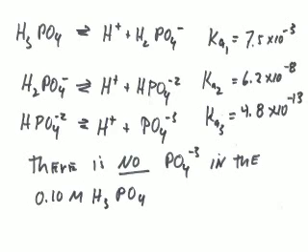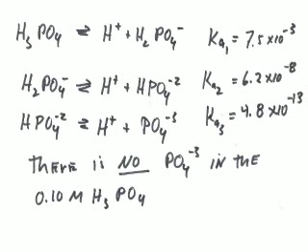And so what does that mean? Well, without going through a whole lot of calculations, the fact is that in our 0.1 molar phosphoric acid, the concentration of phosphoric acid is going to actually be about 0.07 molar. The dihydrogen phosphate is going to have a concentration of 0.03 molar.